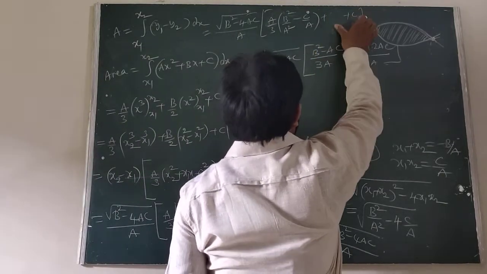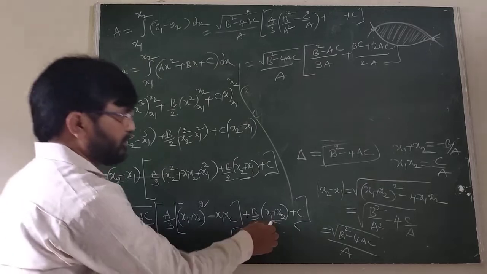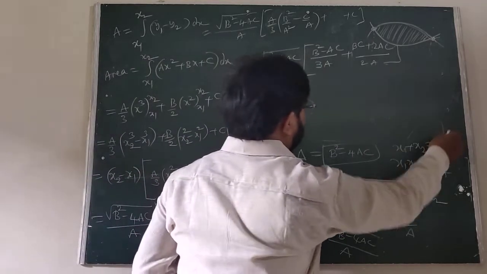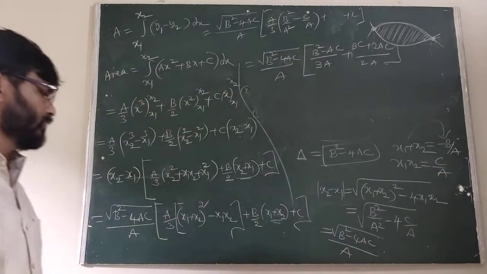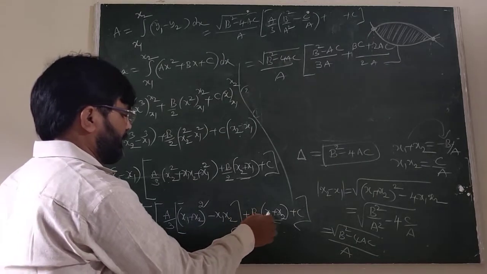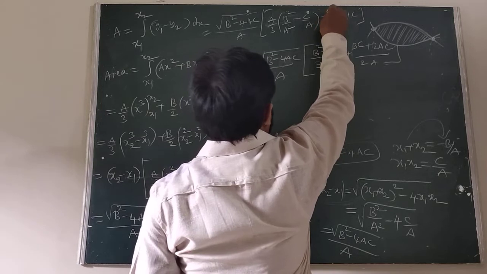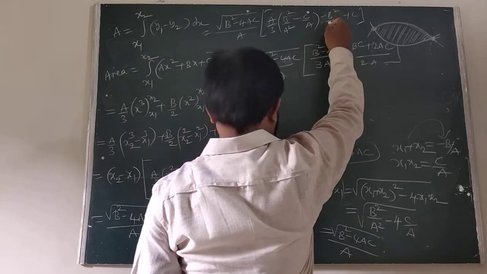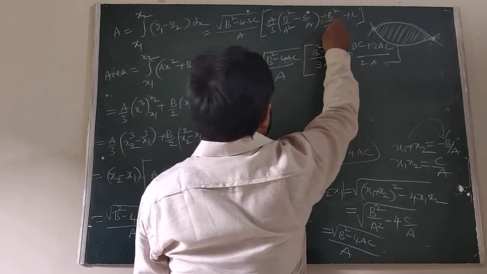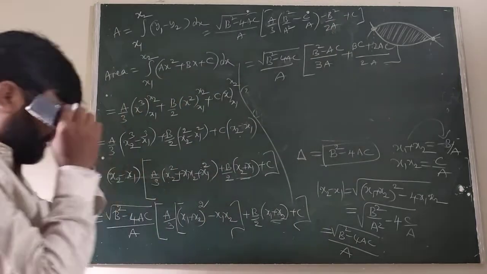What is it? The x1 plus x2 is minus b by a. The minus of b by a means minus b into b, minus b square by 2 into a, 2a. Is it clear? How to get this one?